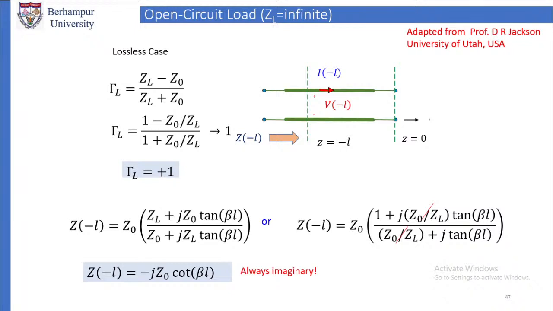The impedance will always be imaginary on the transmission line unless cot beta L is equal to 0 or cot beta L is equal to infinity. Under these two conditions, it will not be imaginary, it will be either 0, which is short circuit, or infinity, which is open circuit. So a transmission line section of length L can be short circuited or open circuited, which we will see now.